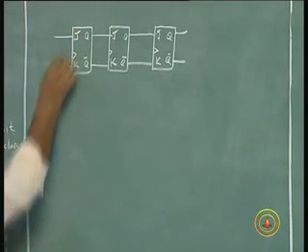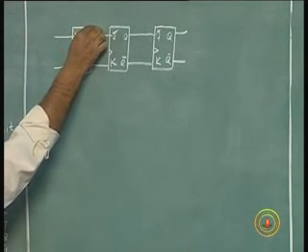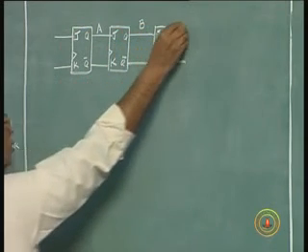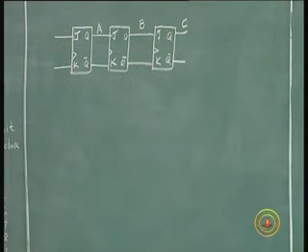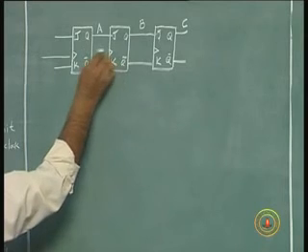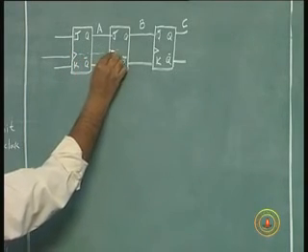So I will call these flip-flops A, B, C. They are clocked together. I will not show the clock separately because they are the same thing. I am just showing this drawing.